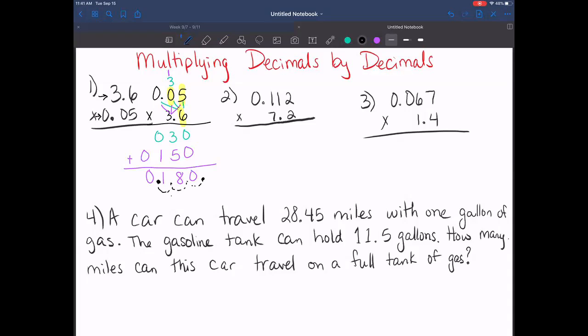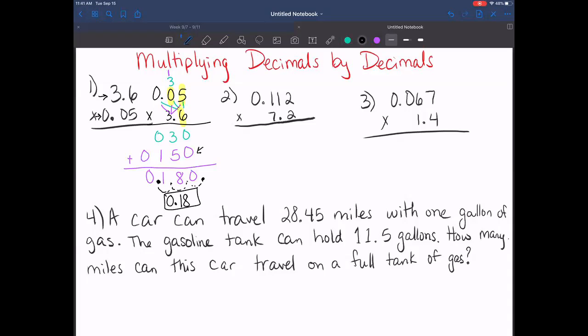So my answer is 0.18 or 0 and 18 hundredths. Is that correct? Yes, right? I did everything that I needed to do. I made sure to put in my 0 here. I did my addition at the end and I moved my decimal the correct number of spaces. So that's pretty much it.